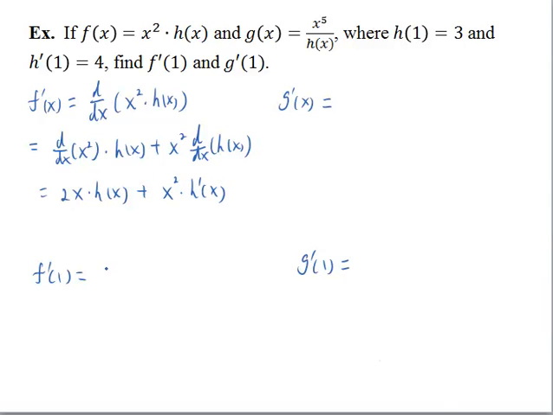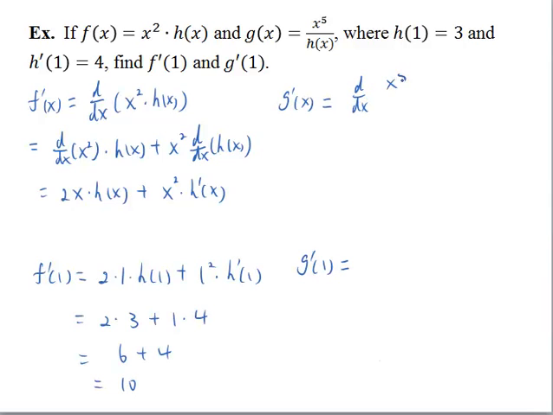Now we substitute 1 into every x to get 2 times 1 times h of 1 plus 1 squared times h prime at 1. Because h of 1 is 3 and h prime 1 is 4, we get the final answer is 10.